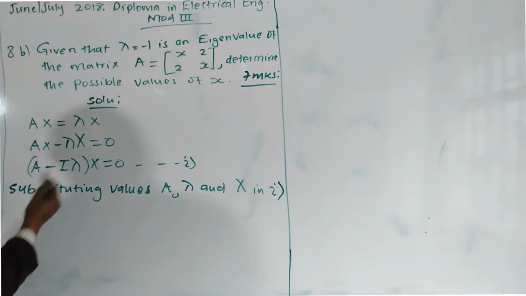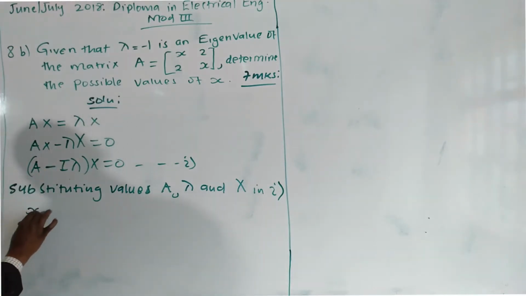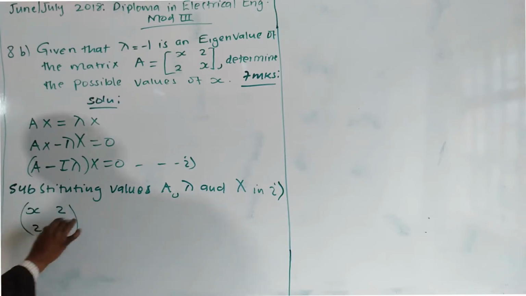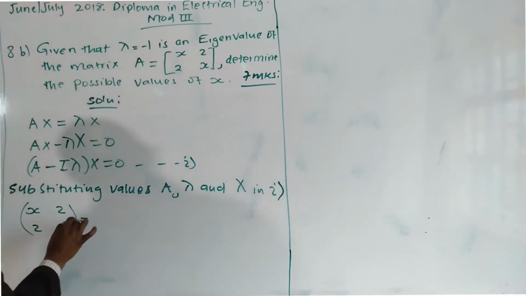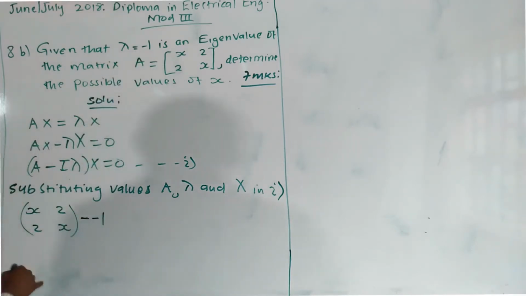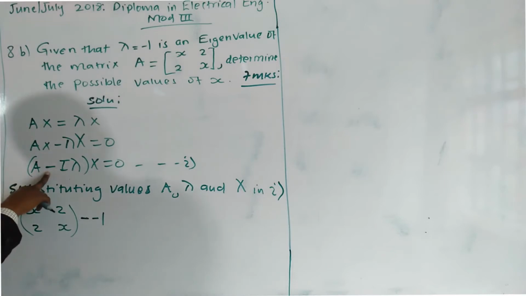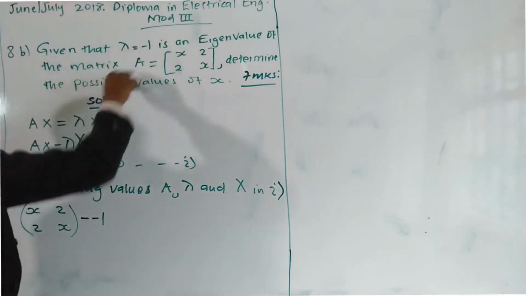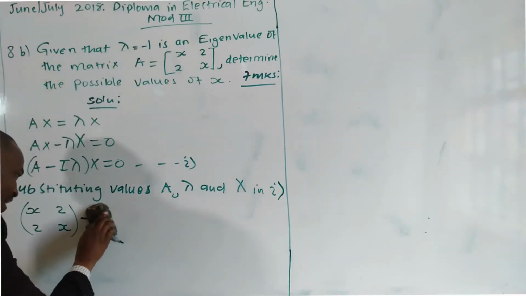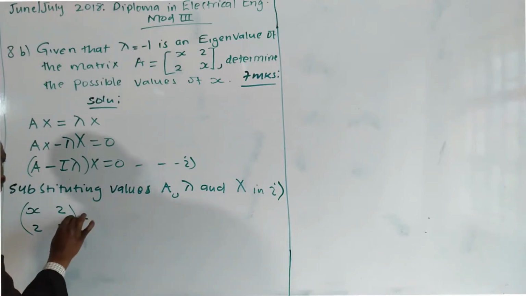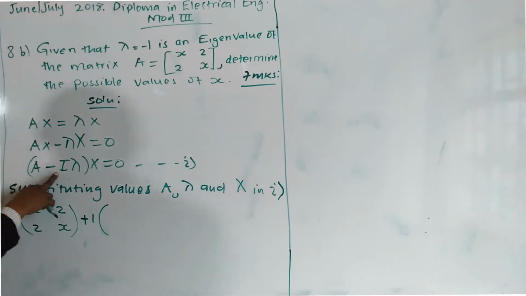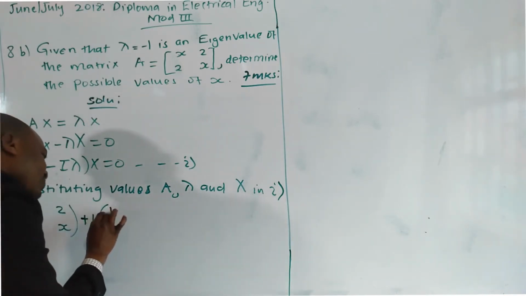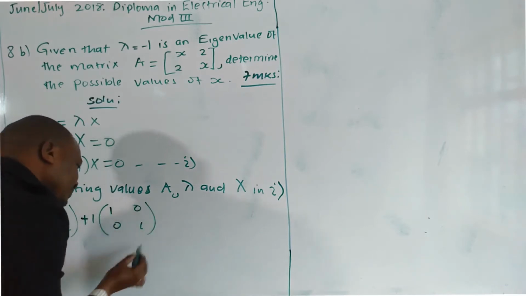This will be A is x, 2, 2, x minus lambda. Lambda is -1, so you have negative 1 because of the negative in the equation and the negative in the lambda. Negative times negative 1 is positive 1, times the identity matrix or the unit matrix, which is also a 2 by 2 matrix, 1 0 0 1.